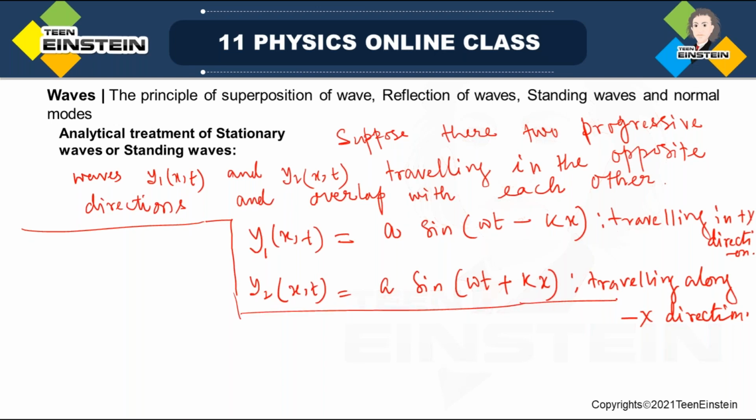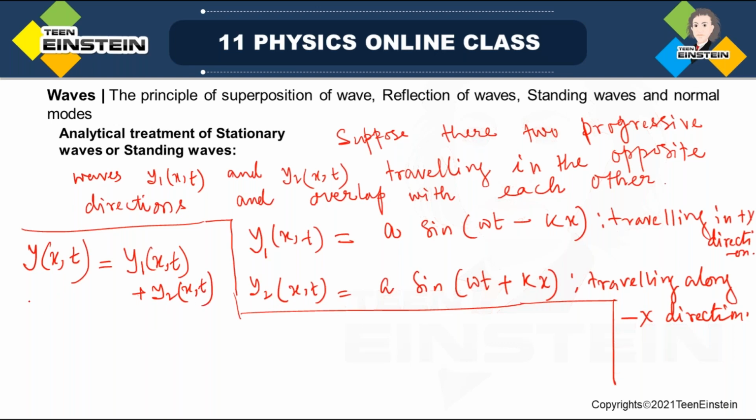So the superposition principle says the displacement of the resultant wave will be the algebraic sum of the displacements created by each wave individually.